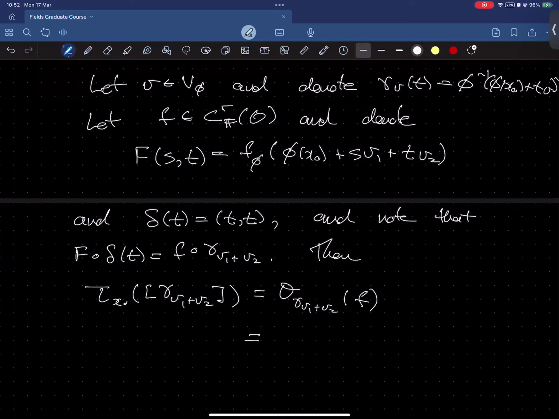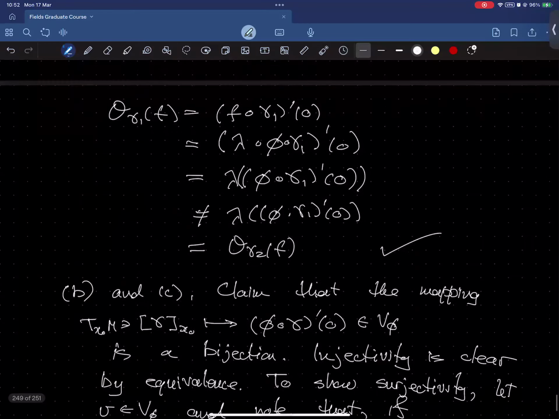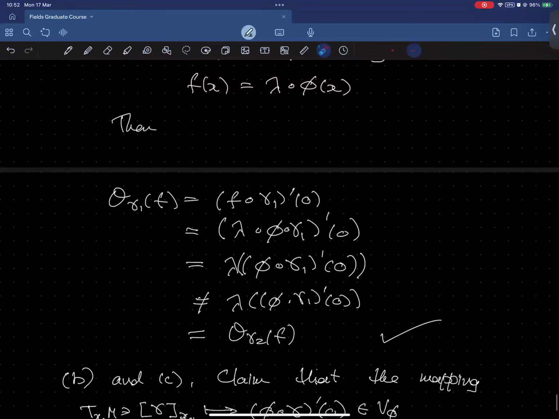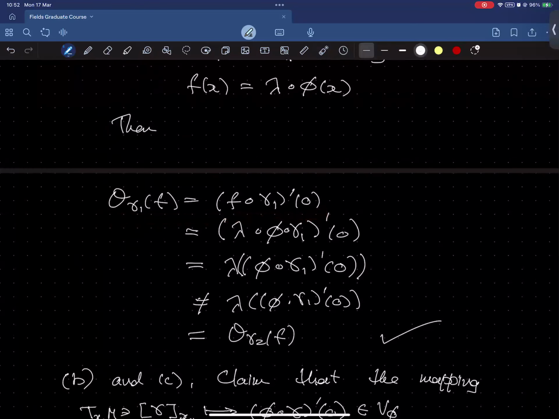Now you apply the definition of theta. The definition of theta is that this is d by dt at t equals 0 of f composed with gamma v1 plus v2 of t. That was the definition of theta.